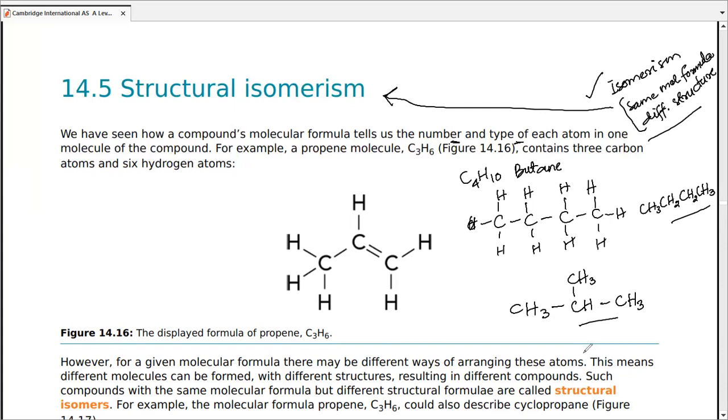So they have the same molecular formula, they have different structural formulae. Okay, when I say the word different structural formulae, obviously the displayed formula is going to change too. I drew the displayed formula for the one on top, but I never drew it for the one at bottom, and I hope you can draw it yourself.